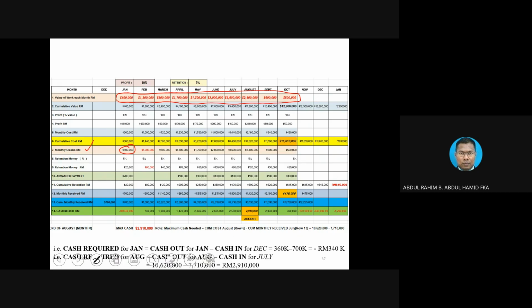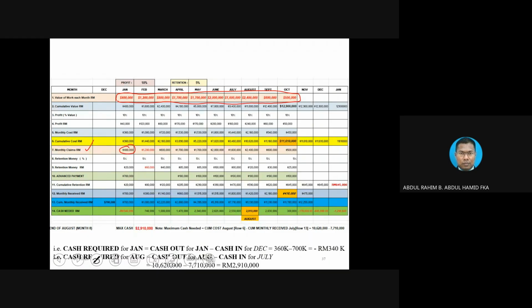You don't have to follow exactly our arrangement. You can jumble up. The most important thing at the end of the day is we want to identify which one is the row for the cash out and the row for the cash in. Because in order to get row number 14, you need to identify those things. But never mind, you can follow like us.